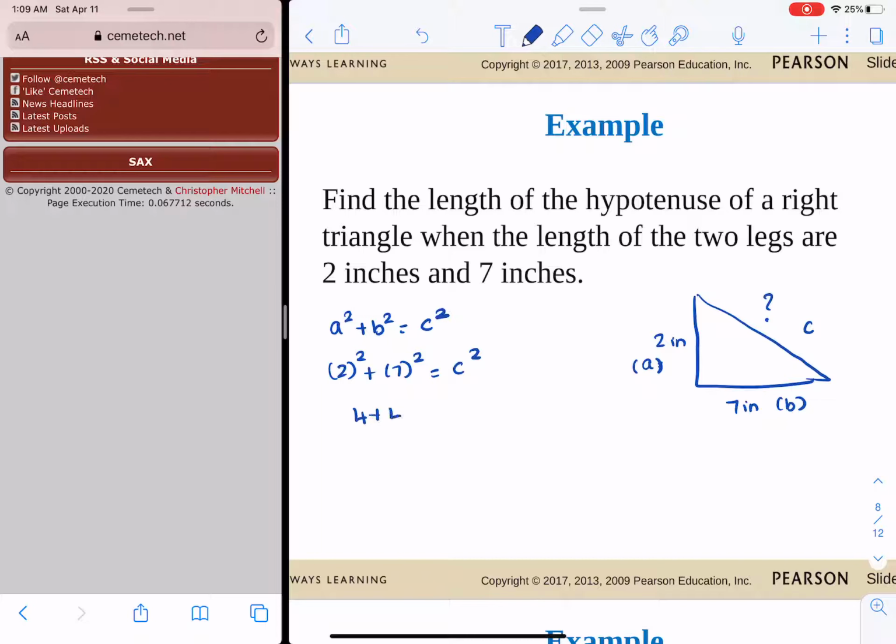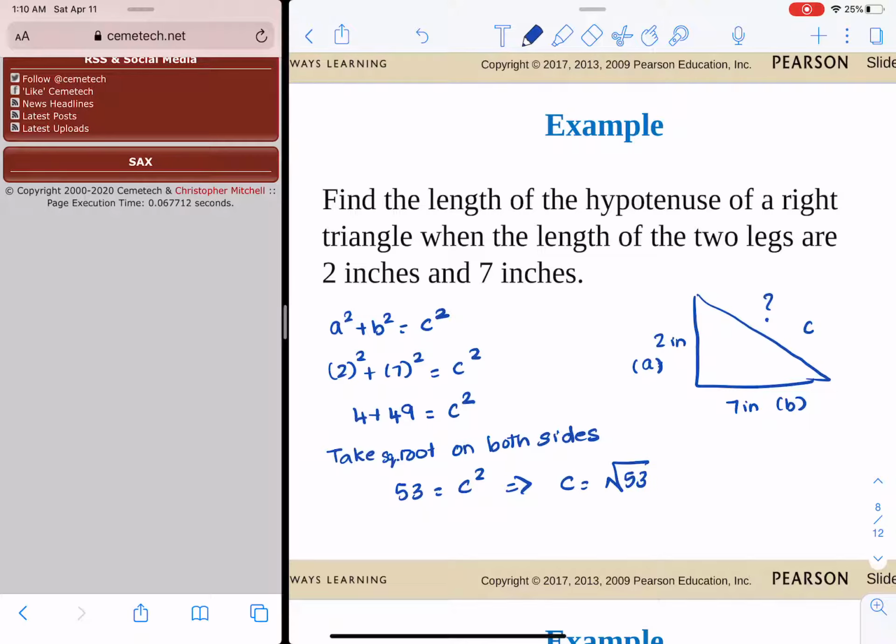4 plus 49 would equal C squared. We take the square root on both sides. 53 would equal C squared, which would mean C is equal to square root of 53.